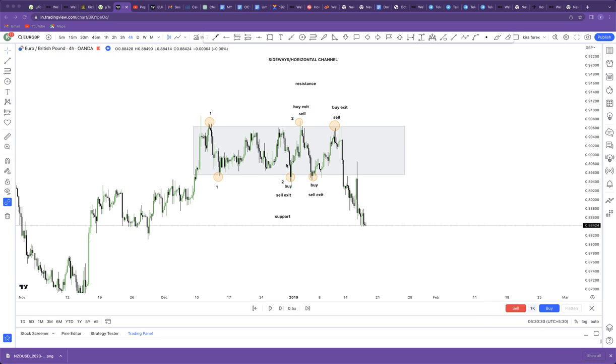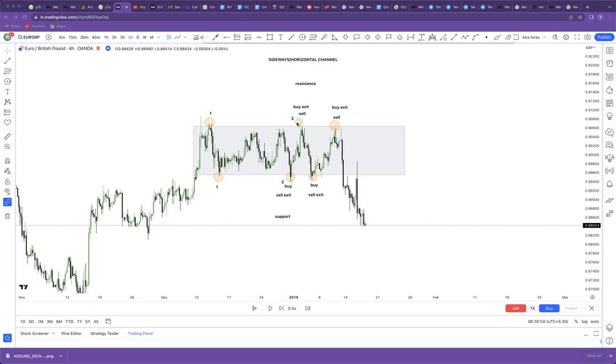So this is the example of the sideways or horizontal channel. We have our resistance here and we have our support here. Now when I was explaining, I said that this one is more like the uptrend channel or the downtrend channel. This one, after the first touch, you can actually start buying from the second touch.